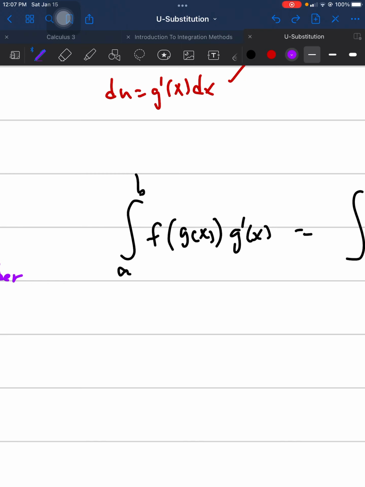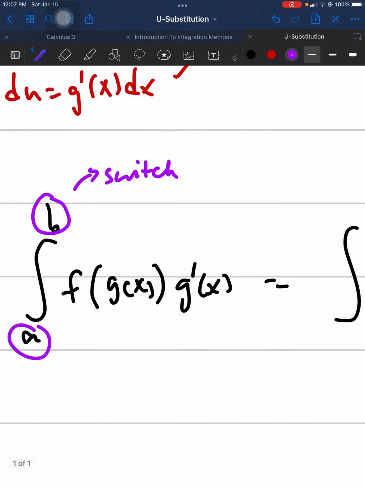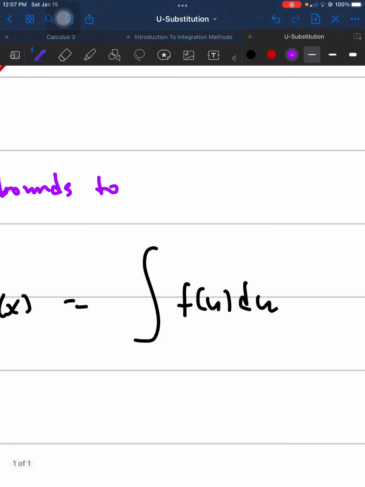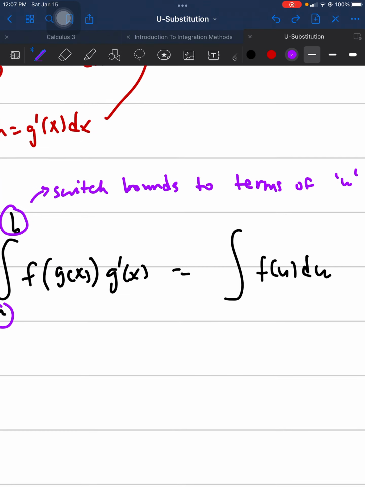So we want to make sure we switch these bounds to terms of u. So let's write: switch bounds to terms of u.